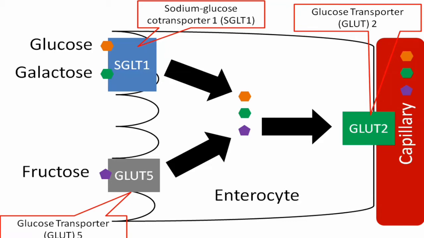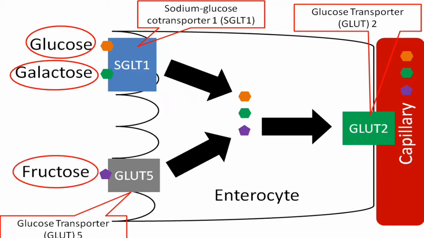These monosaccharides will enter into the intestinal cells, the epithelial cells, through specific transporters. For glucose and galactose the transporter is the sodium glucose transporter 1, and fructose will be transported through the glucose transporter 5.